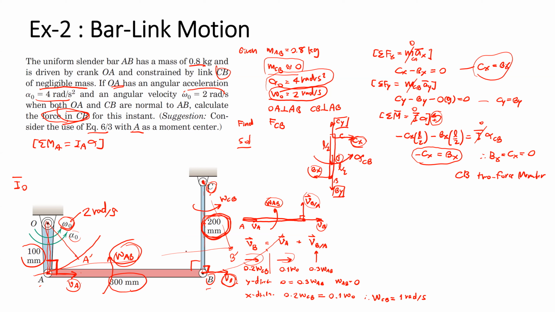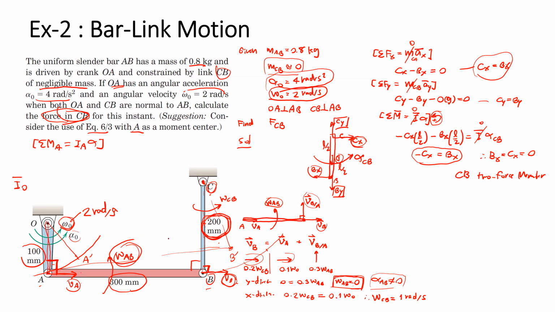I'm not going to say that AB always has 0 omega AB. It's only at this moment that omega is 0. Alpha is not 0. It can change the omega when it changes the orientation. At this moment omega is 0 and not rotating, but it still has alpha, and it's going to change omega to some value, and it's going to rotate when it changes the posture.